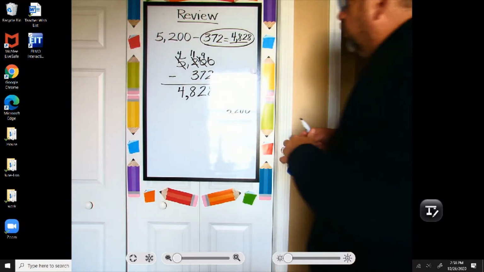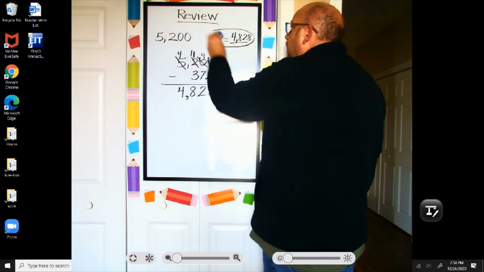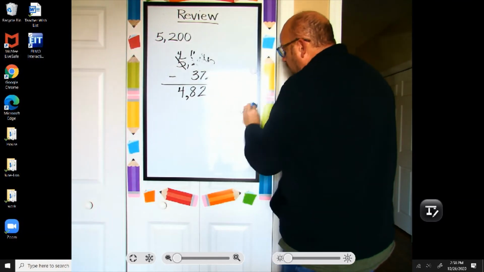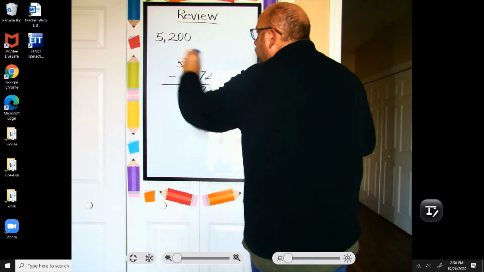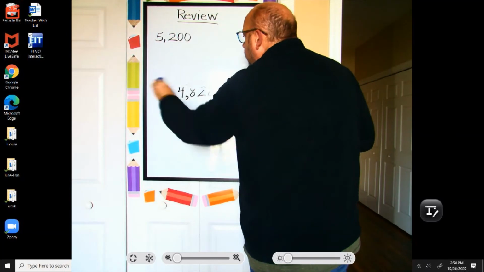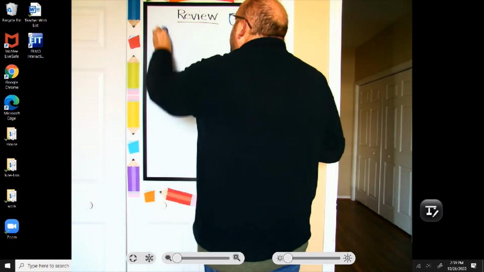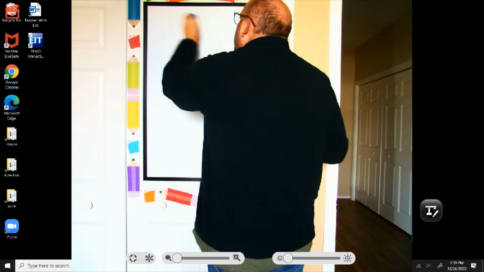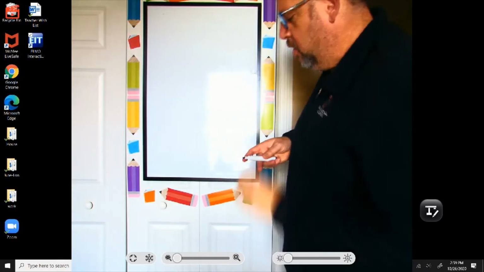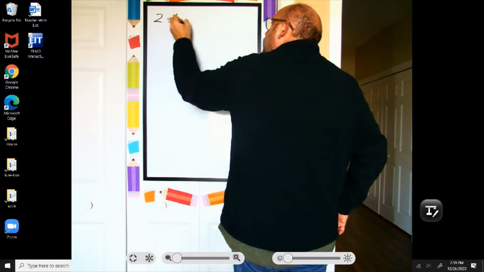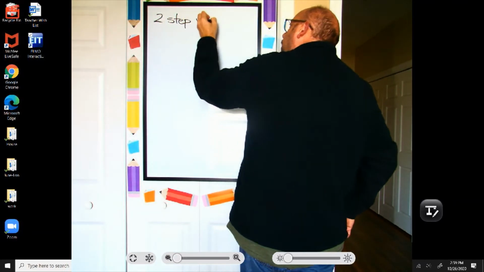So, working carefully on our subtraction work. Hopefully you did well on Tuesday's quiz. It brings us into our work today. What are we going to work on today? Today, we are going to continue with a little more practice with two-step word problems.